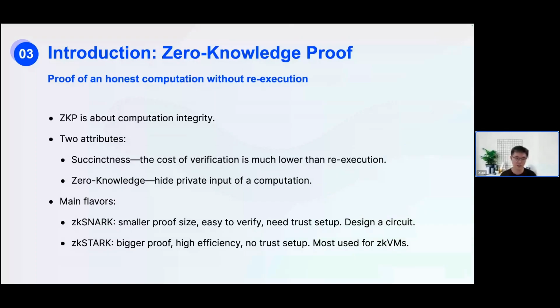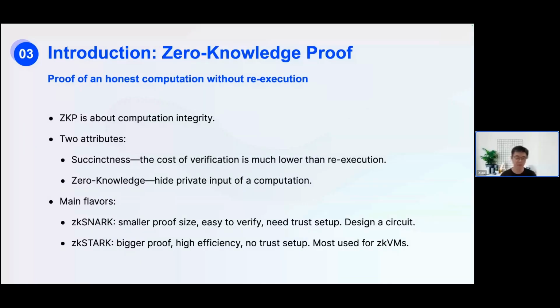And on the other side, we have zk-STARK. It's a totally different way to do ZK, but it's also quite frequently used today. It has a bigger proof, actually a much larger proof than zk-SNARKs. What we have observed in some zkVMs today is that they have a STARK proof size of 100 to 200 kilobytes per proof, which is very, very large.